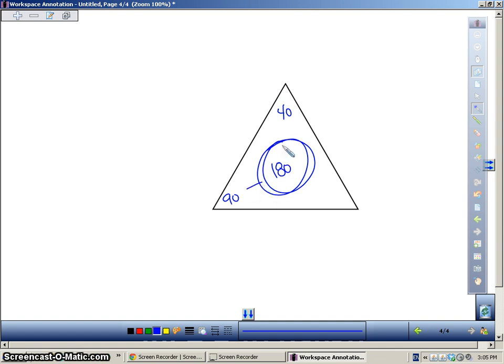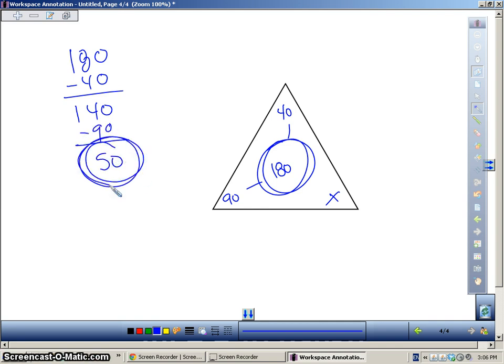So if we know two of the angles and we don't know what one of them is, we can just subtract from 180 our 40, and we'd get 140. And we could subtract 90, and we'd get 50. The 50 degrees that we have left is what goes right there in that corner. So pretty simple. That's not too bad, as long as you remember that inside a triangle is 180 degrees.